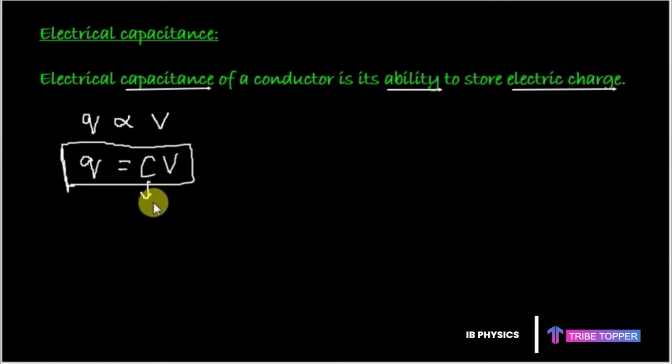Whatever shape of conductor we are using, the ability to store charge would be different depending on the shape. So what is C?